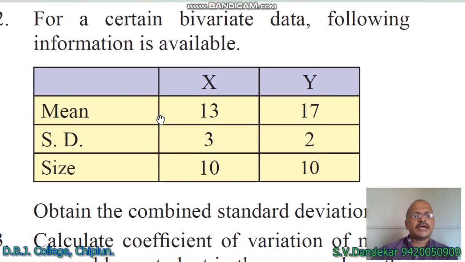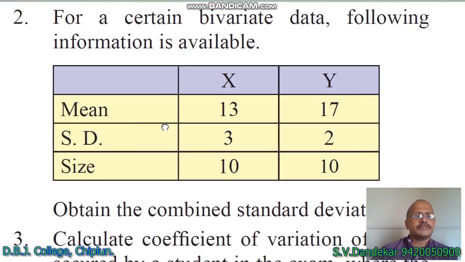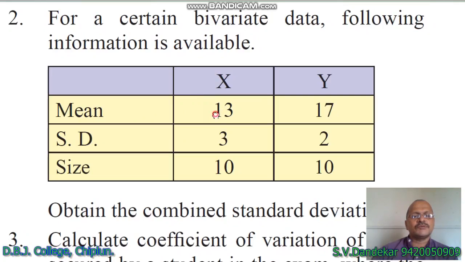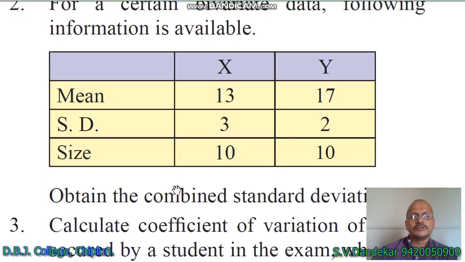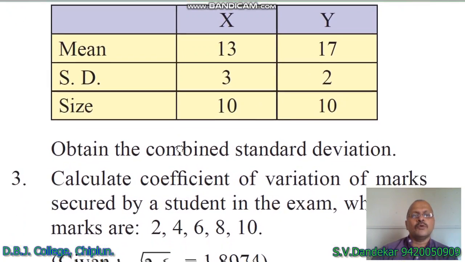It is exactly similar to the previous first problem. This is x1 bar, this is y bar, this is sigma x, this is sigma y, this is n1, this is n2. Now you find out the combined mean and the combined variance, similar to the previous problem. So it is left as homework.